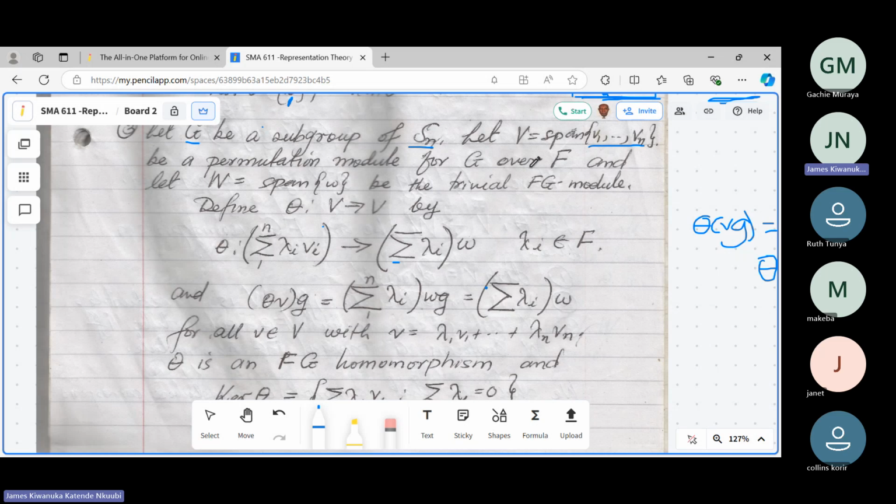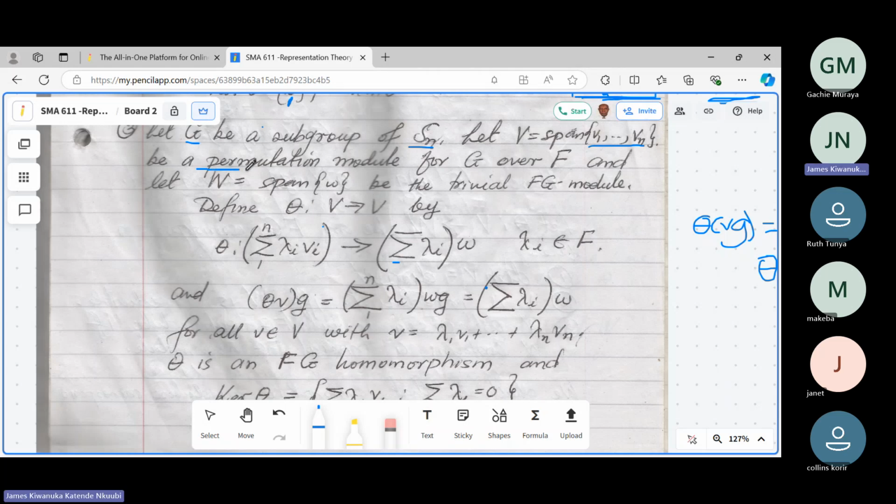So this will be a permutation module if... I think this is on that page 12 that was not scanned.